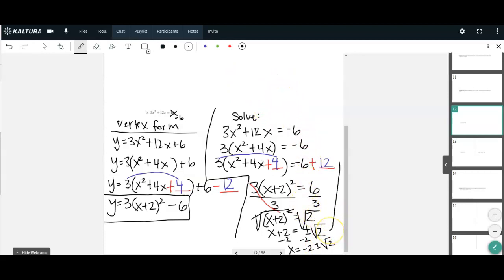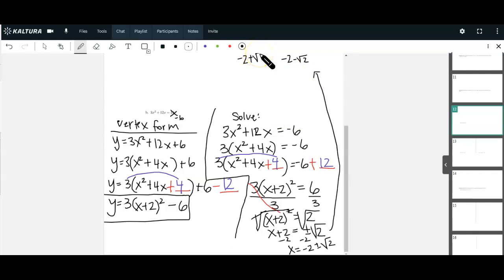Let me come up here just to make sure we're seeing. One of my answers is going to be negative 2 plus the square root of 2, and the other one is going to be negative 2 minus the square root of 2. Then I just need to put those into my calculator and simplify what we get there.